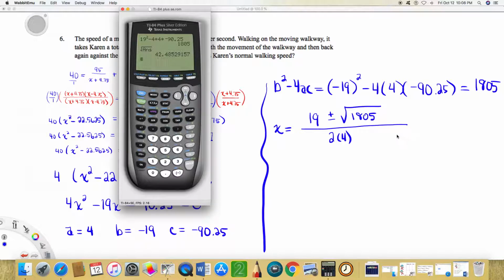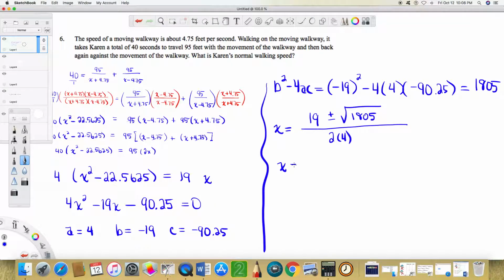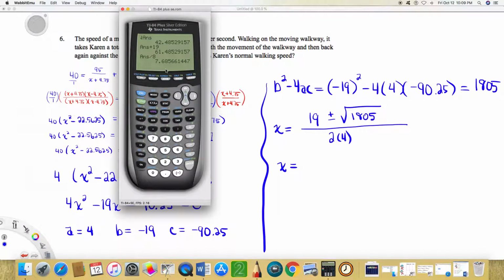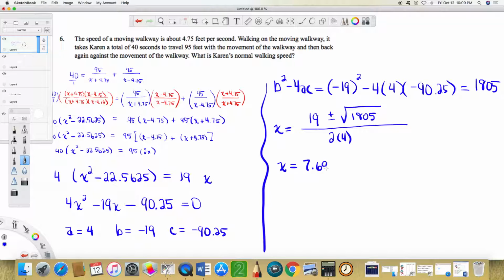So even though the formula says plus or minus, it's only the plus that makes any sense. We need to add 19 to that. So there's our numerator, and then divide that by 2 times 4, which is 8. We're getting that her normal walking speed is approximately, let's carry it to 2 decimals, 7.69, and that was in feet per second.